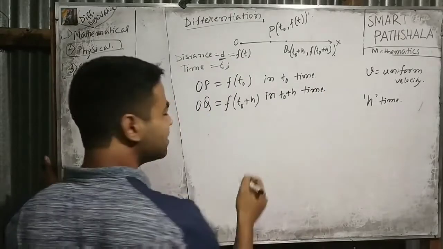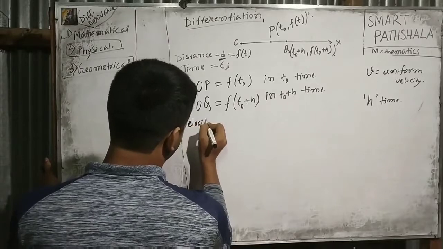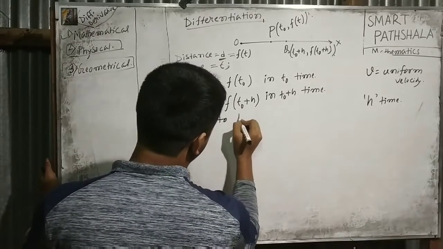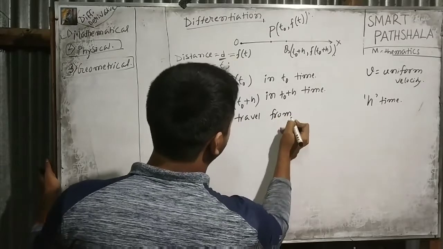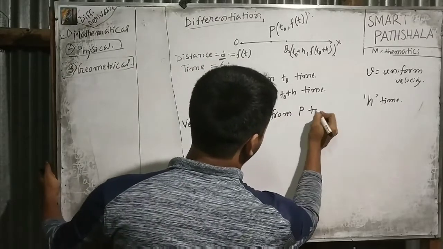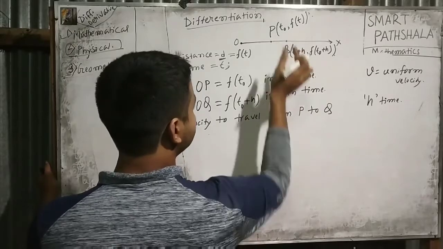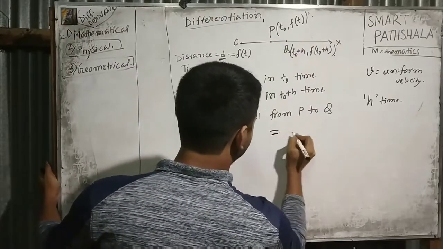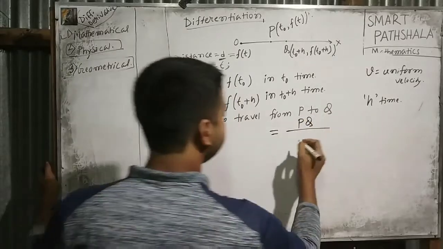Now, let us calculate the velocity to travel from P to Q, this distance. What is the velocity over this distance? Obviously velocity is distance PQ by time. What is the time?